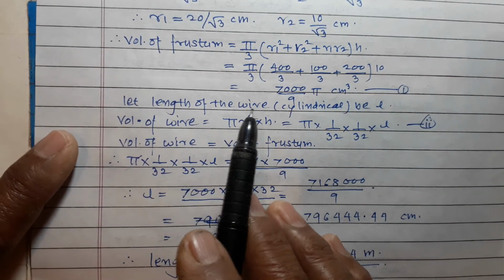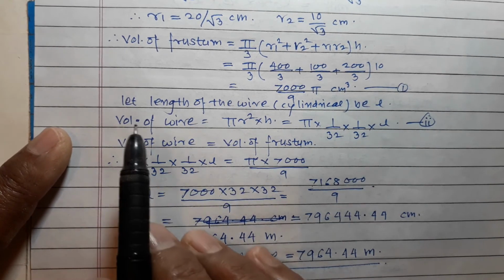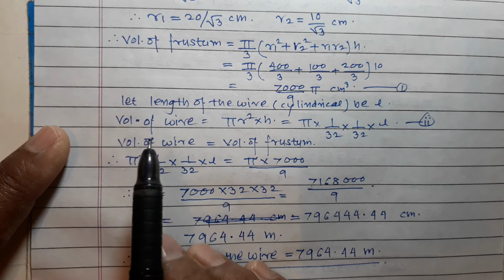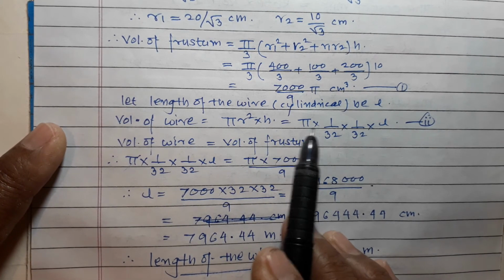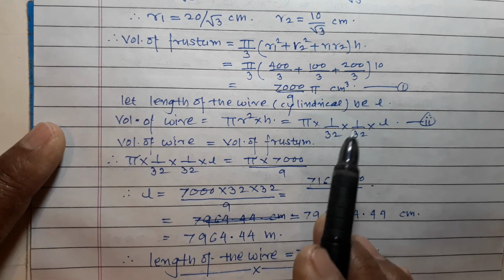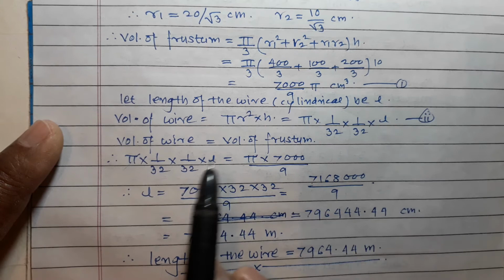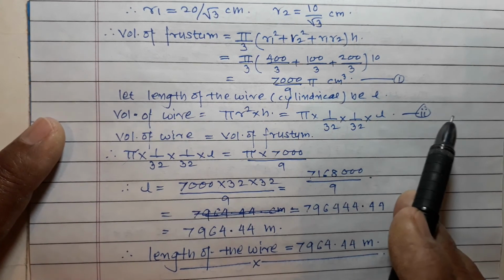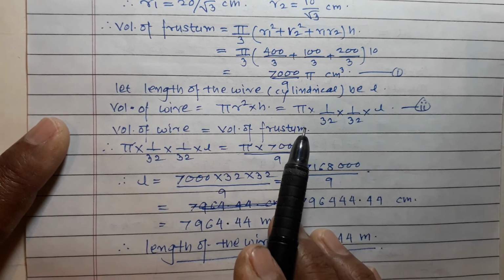Let the length of the wire, which is cylindrical, be L, and therefore volume of wire is equal to pi r square into h, so pi into 1 upon 32 into 1 upon 32 into L. Statement number 2. So volume of wire is equal to volume of frustum.